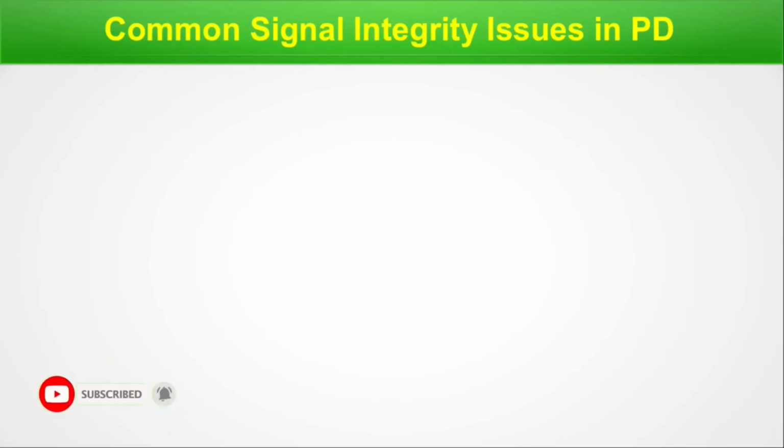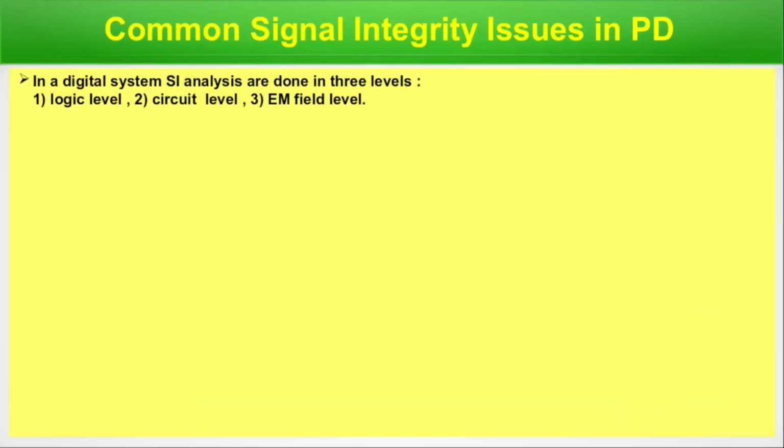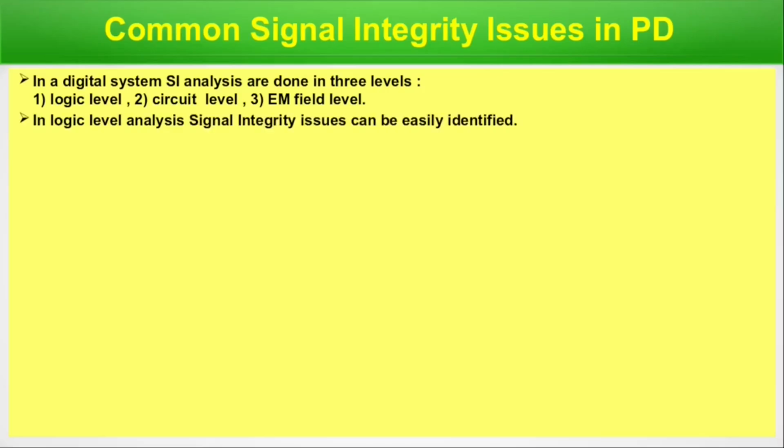Common signal integrity issues in PD. In a digital system, signal integrity analysis is done at three levels: first, logic level; second, circuit level; third, EM field level, that is electromagnetic field level.